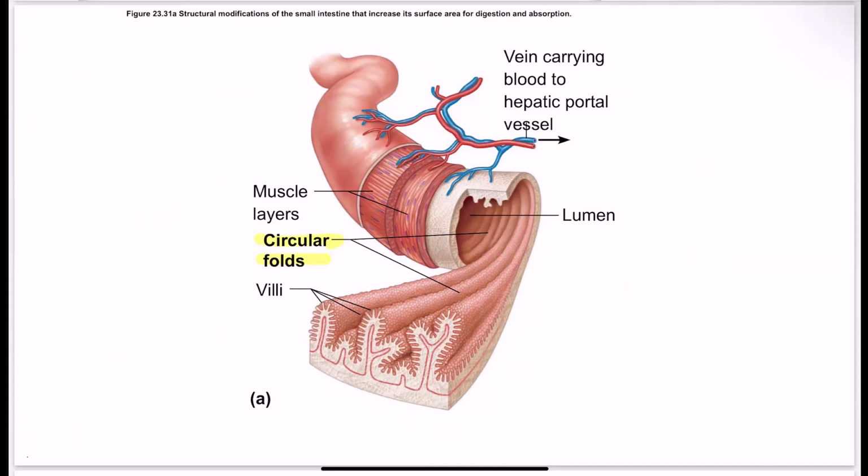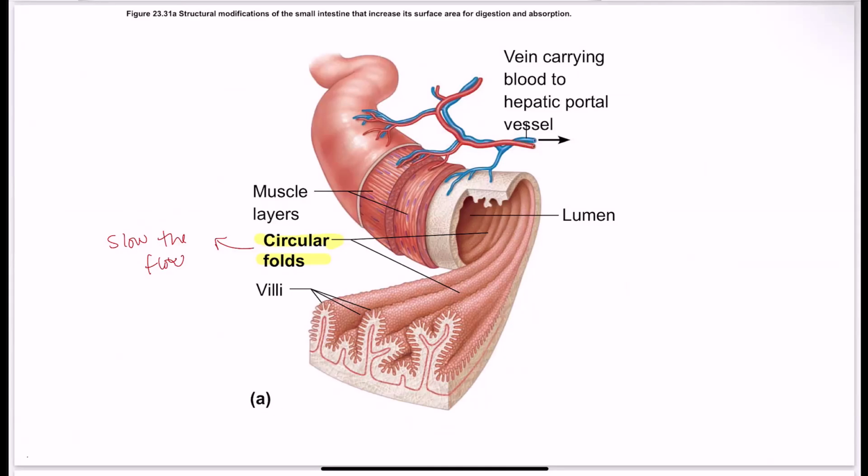These guys slow the flow of the contents in the small intestine. If things move slower, we have more time for absorption. It makes sense because everything in the small intestine circles around and around. Have you ever been up a spiral staircase? It takes a long time compared to a staircase that's a straight shot.